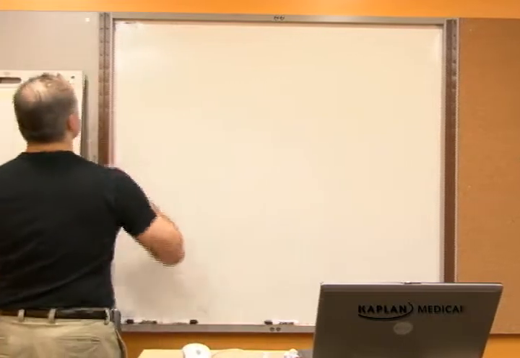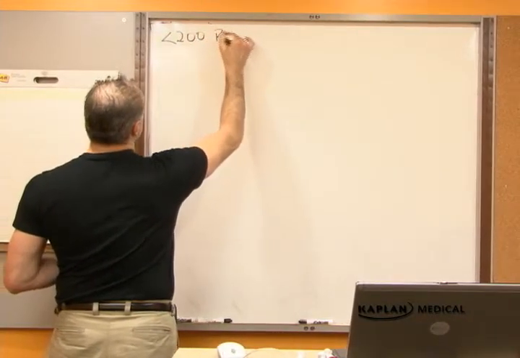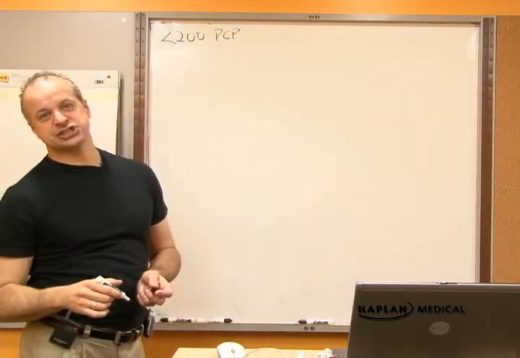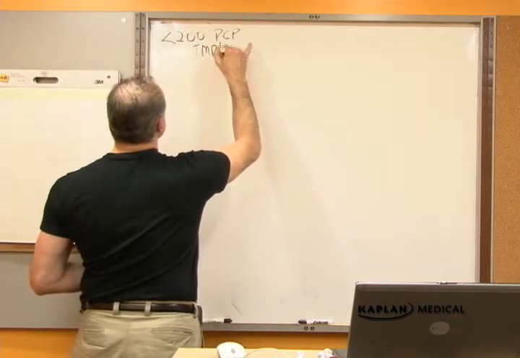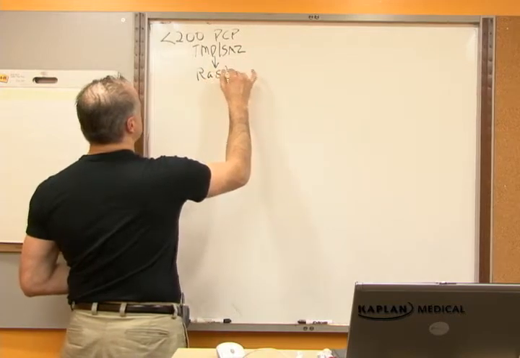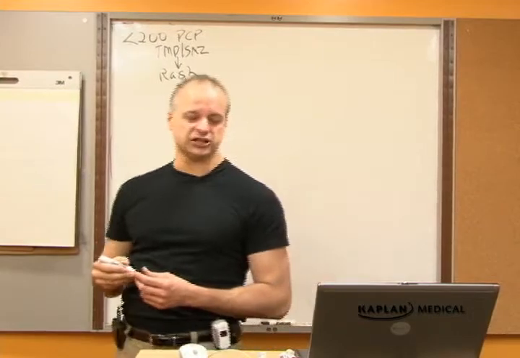For instance, if you have a person who's got less than 200 T cells, we have pneumocystis prophylaxis. Pneumocystis prophylaxis starts at less than 200 T cells. The best initial pneumocystis prophylaxis is Bactrim, or trimethoprim-sulfamethoxazole. The problem is, like all sulfa drugs, it has a high frequency of rash. 10% of the population is sulfa allergic.